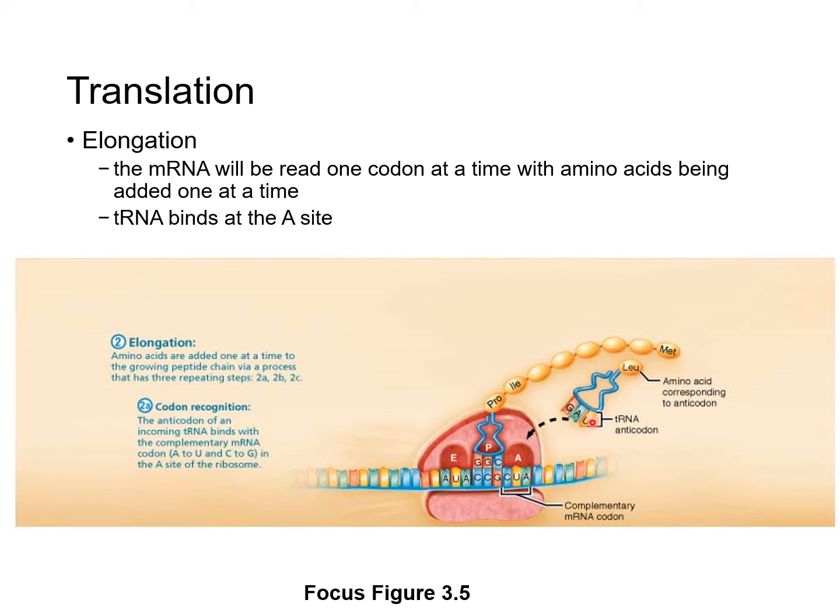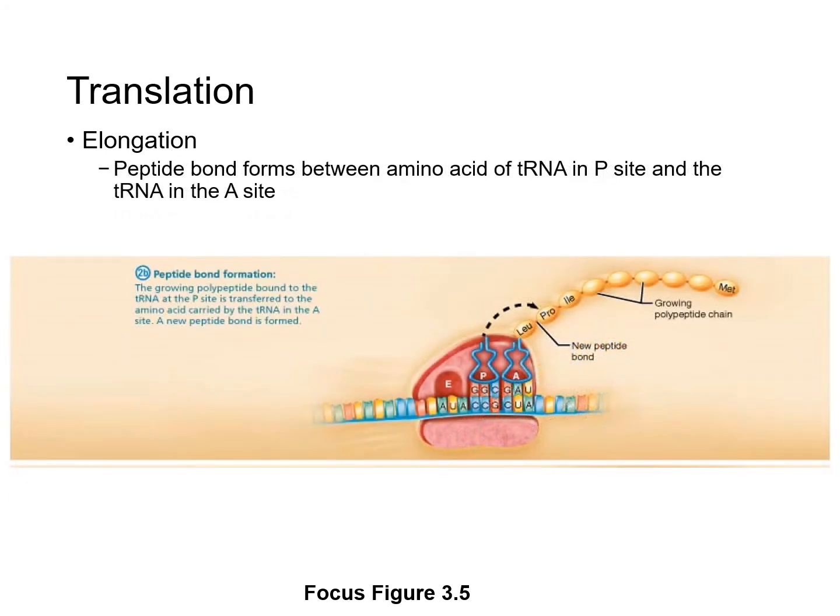That transfer RNA has an anticodon to the codon that is in the A position. And so this transfer RNA is going to bind this site in the A position.